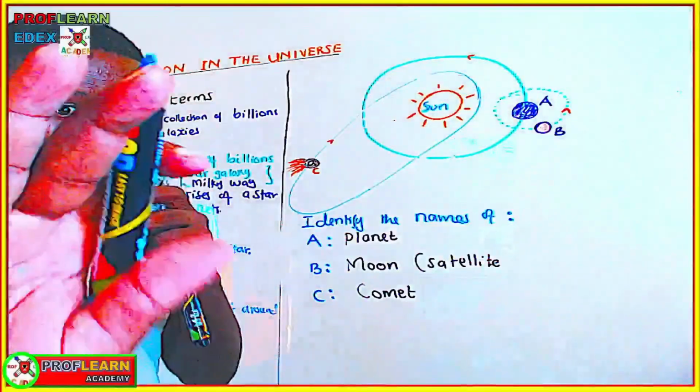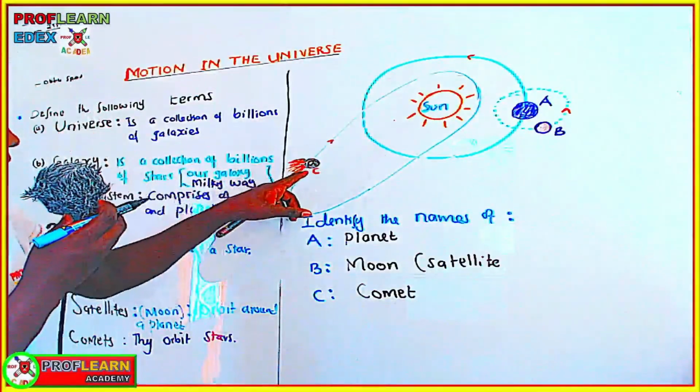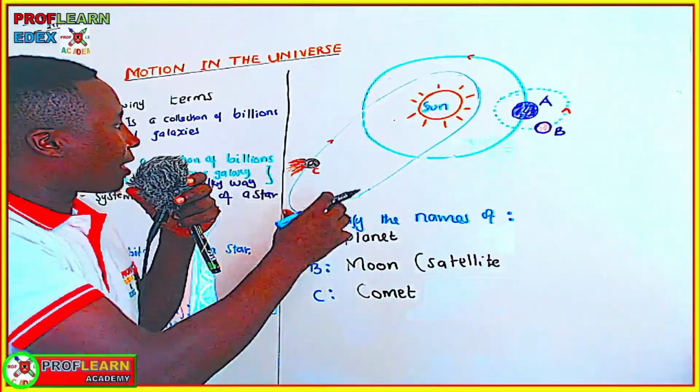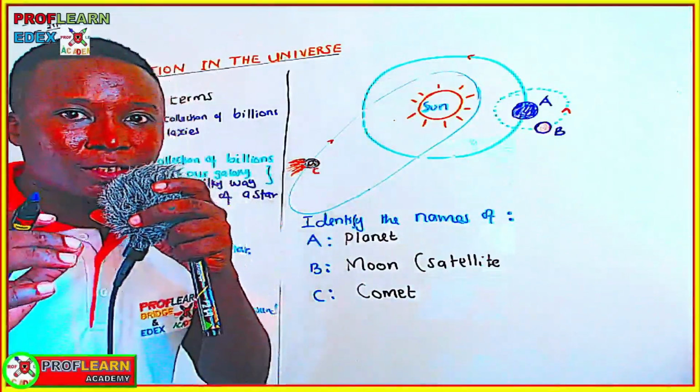Another question you may be asked is to give the differences between the orbit of a comet and the orbit of a planet.